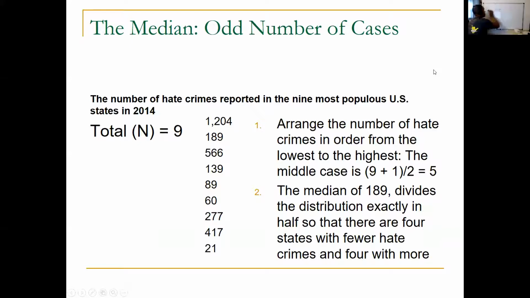We know that the first score, or the lowest score in the distribution, is 21 here at the bottom. So 21, so I'm going to put that here, 21. Then we know the second lowest score is 60. Third is 89. Fourth is 139. Fifth is 189.